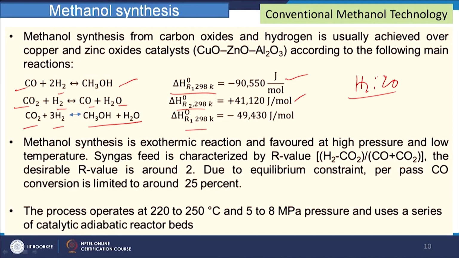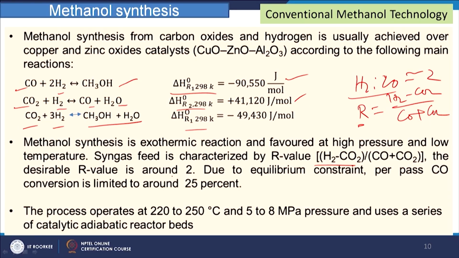I discussed the H2:CO ratio, which is around equal to 2, used for this application, but later another factor has been developed because of this complex reaction scenario. R is equal to H2 minus CO2 divided by CO plus CO2. So, the concentration of these 3 gases will give the R value with this expression.